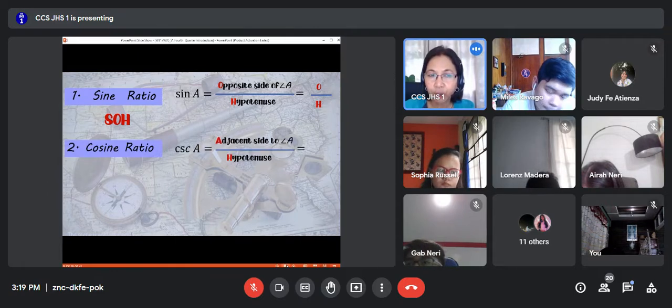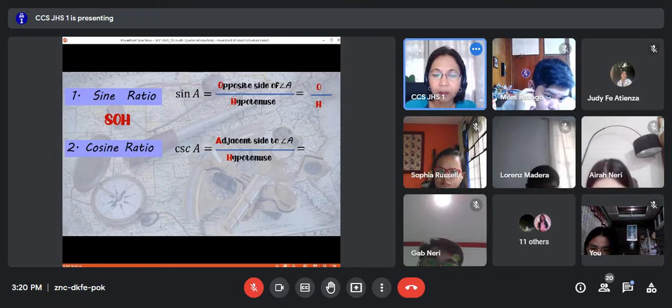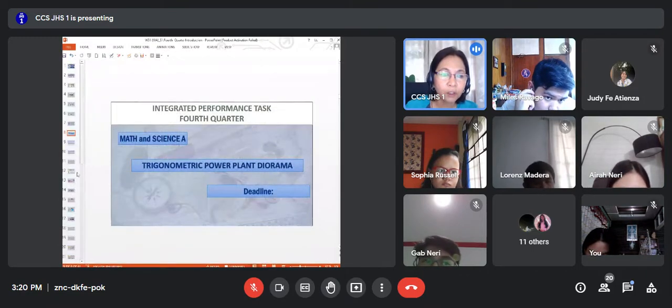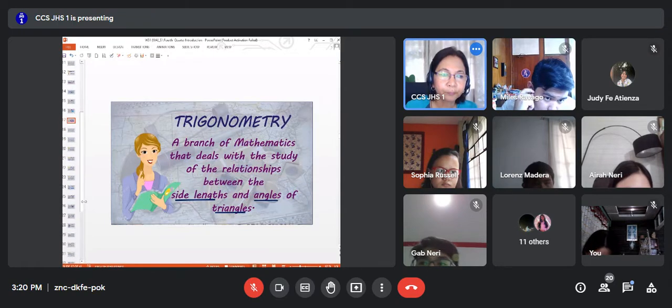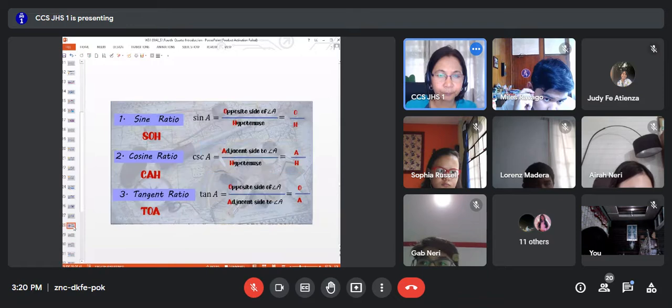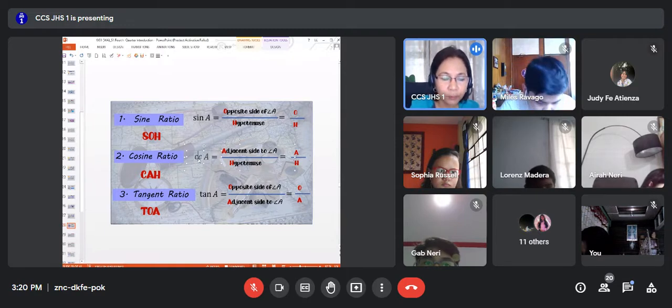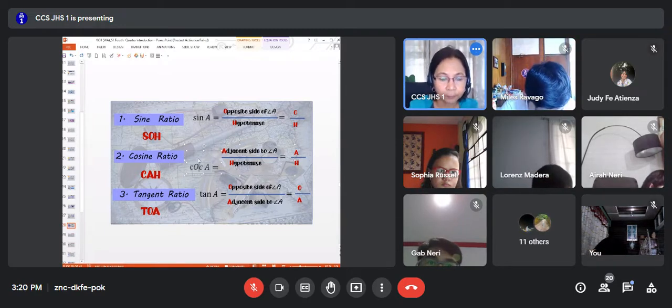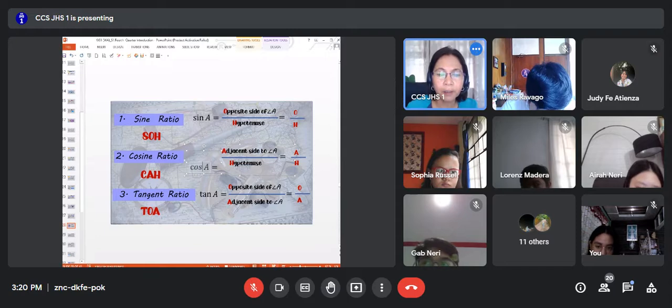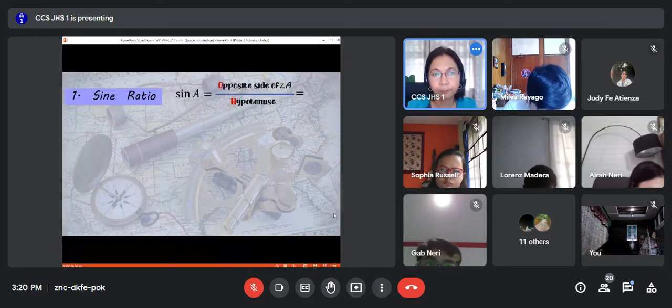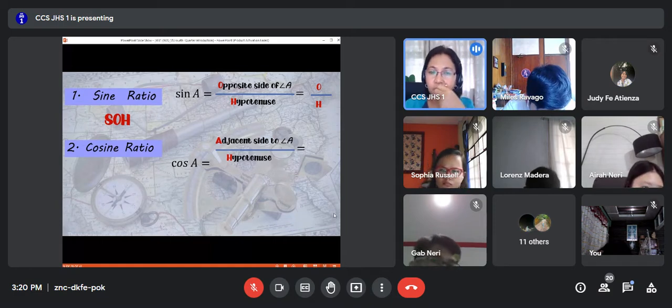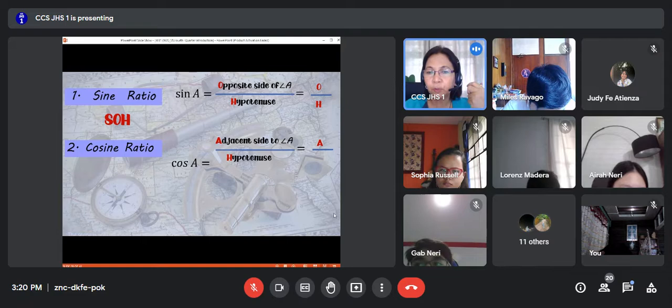And then for your cosine ratio, cosine A is equal to adjacent side to angle A over hypotenuse, or A over H. So your symbol for that, for easy memorization, is CAH.